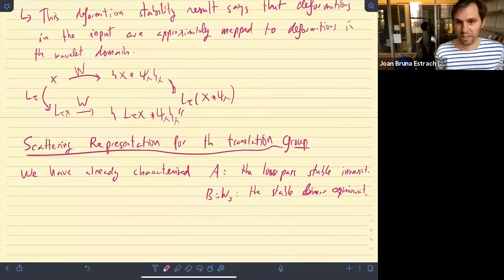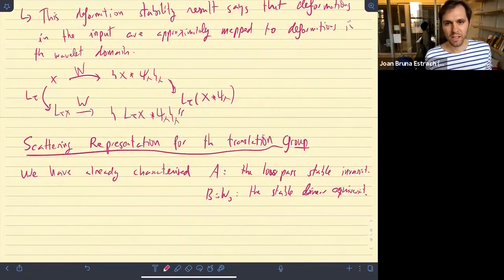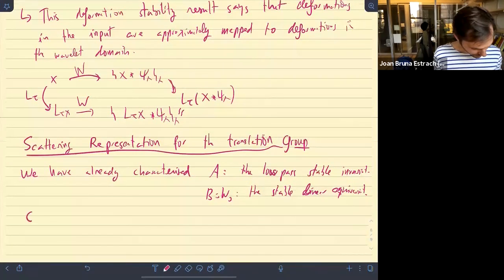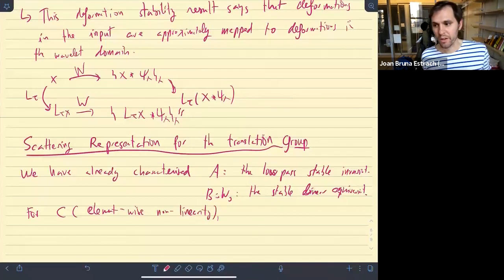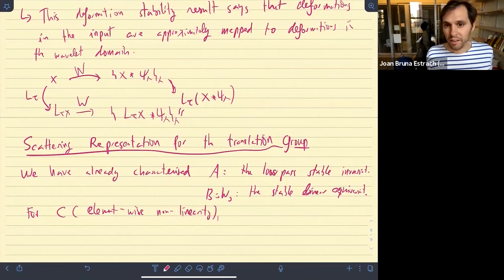And so the only thing that is left, a minor detail, is the element-wise nonlinearity, C. Really, you could use anything you want, but just for simplicity, we are going to consider an element-wise nonlinearity that is unitary, that preserves the norm.